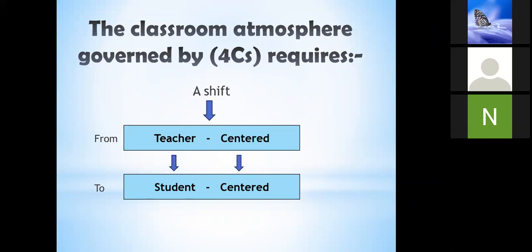So the teacher has an active role while students have a passive, receptive role. It needs to be transformed from teacher-centered to student-centered. A student-centered class means students are placed at the center of their learning.